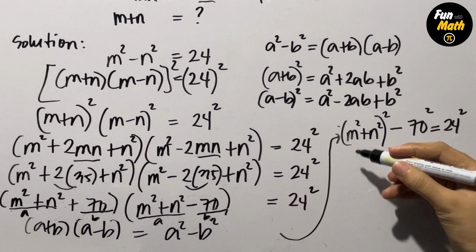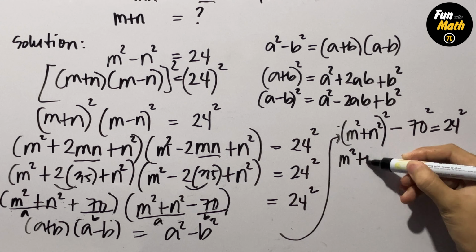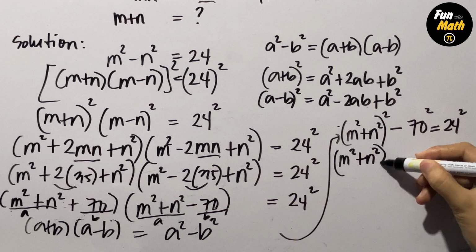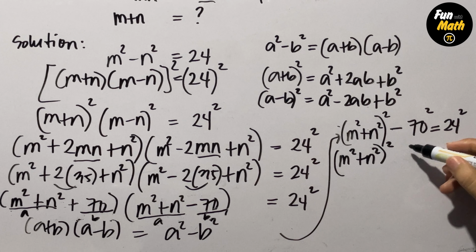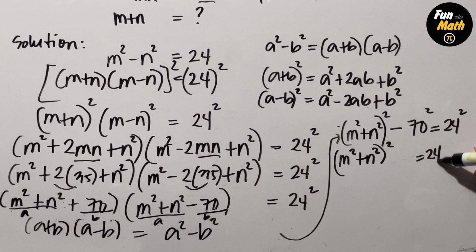So this is now m squared plus n squared whole to the power of 2 is equal to 24 squared plus 70 squared.